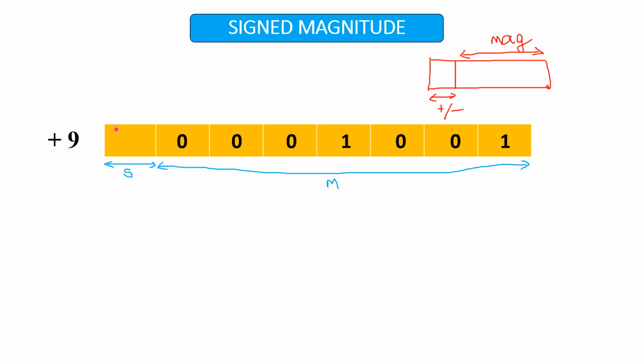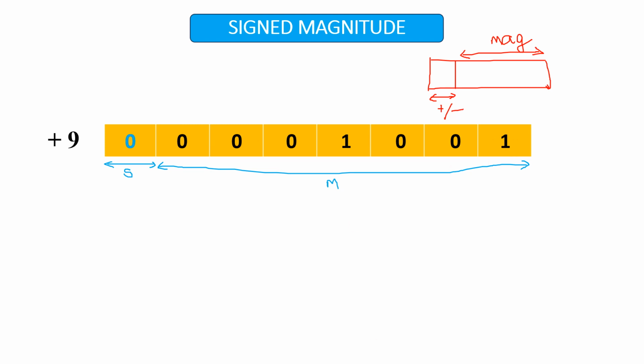Then this part is allotted for the sign, so it's plus. For plus, we represent the bit 0. So bit 0 represents plus, and this is the magnitude, which represents 9.